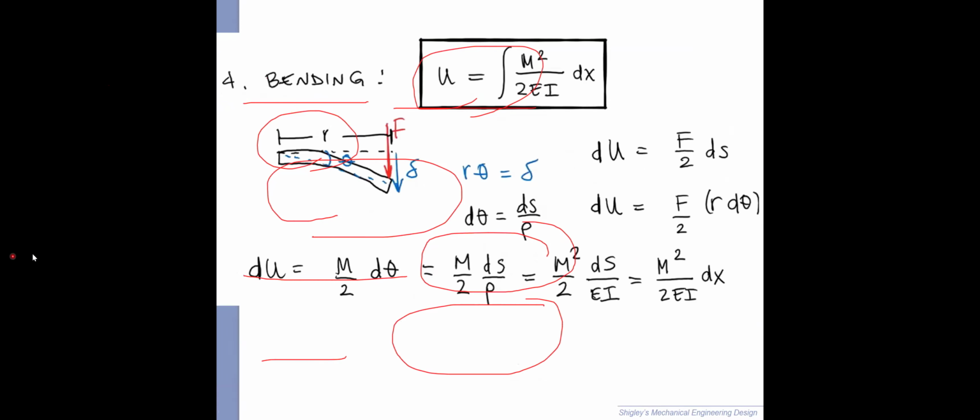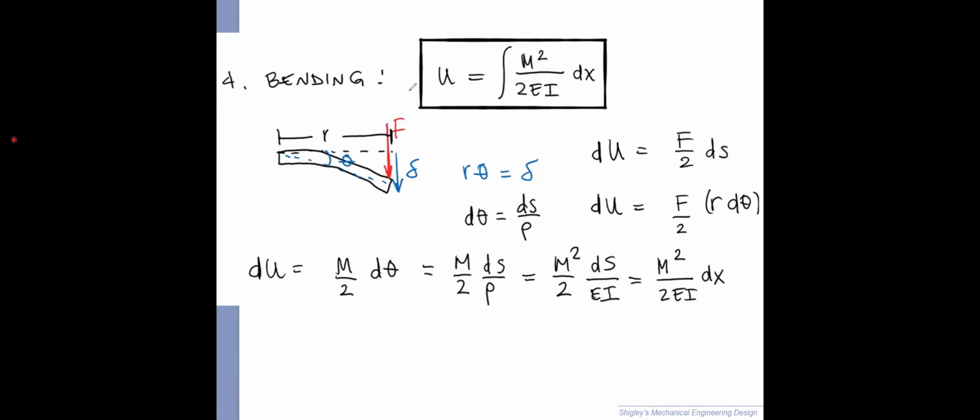Similarly for the direct shear, this is its energy. For the torsion, this is its energy. And for bending, this is its energy for bending.